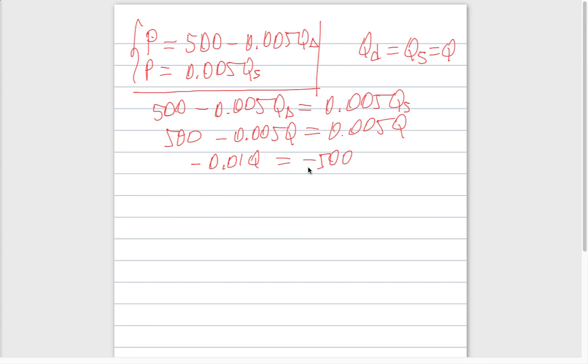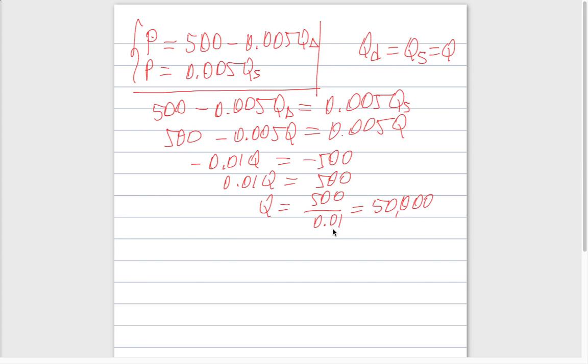Dividing both sides by -1, I'm just trying to simplify this to make it easier to follow. Now dividing both sides by 0.01 gives us 50,000. So this is the equilibrium quantity, 50,000.